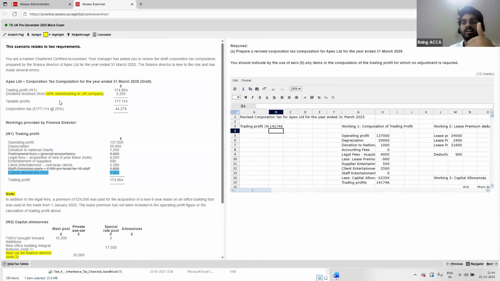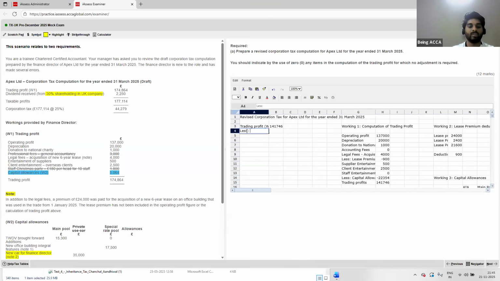If there are no other incomes, then trading profit is the total income from which we should deduct the qualifying charitable donations to get our taxable total profits. But the donation to national charity, which was wrongly included as a part of operating profit, we should be deducting from the total profits.